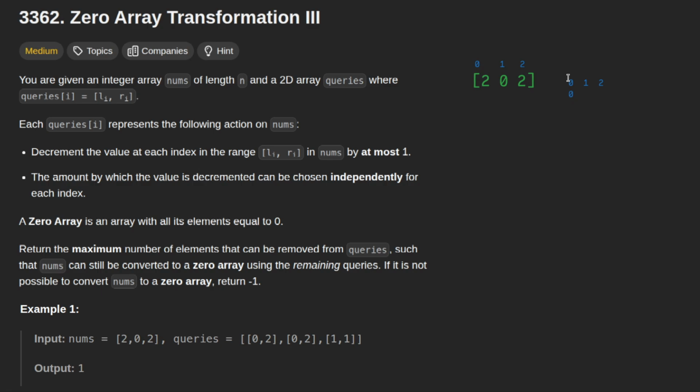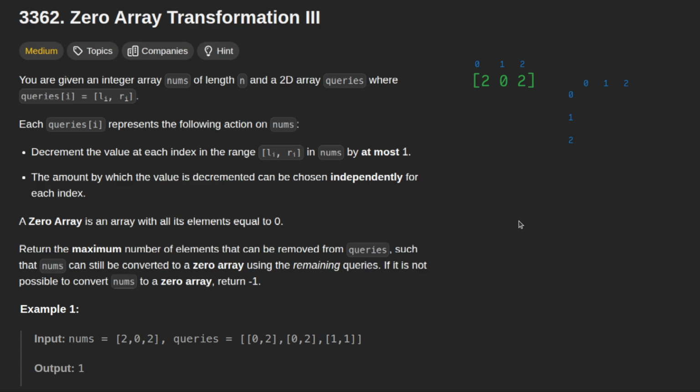So when we talk about queries here, how will this query look?